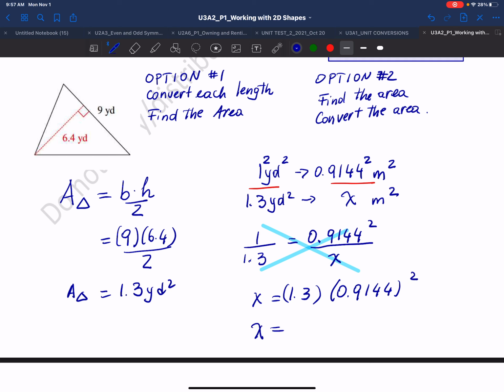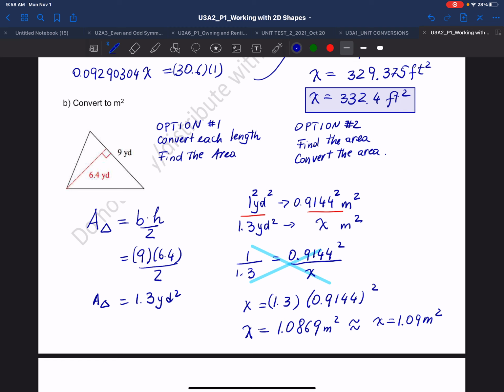So 0.9144 squared times 1.3 is 1.0869, and that would be in meters squared. If you want to round this to the nearest 2 decimals, it would be about 1.09 meters squared. And that would be the area of this triangle.